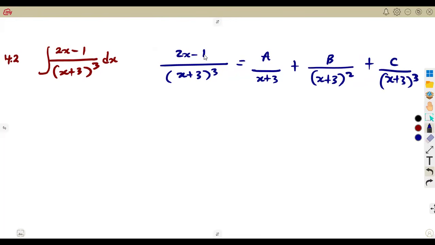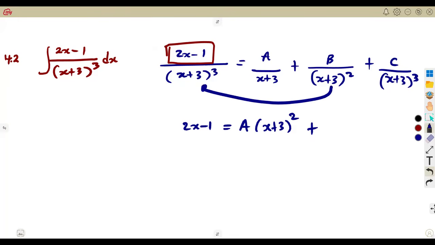Now we can simplify this, working with the numerator. That means 2x minus 1 is going to be equal to what? Start with A, so it's A into this bracket. How many are we going to remain with? We're going to remain with 2 of them, the x plus 3, 2 of them. Plus these ones, they are 2.